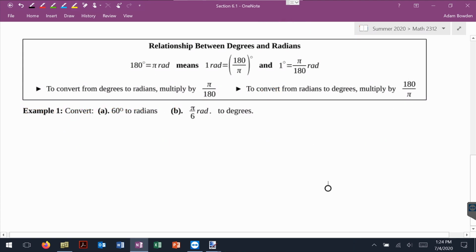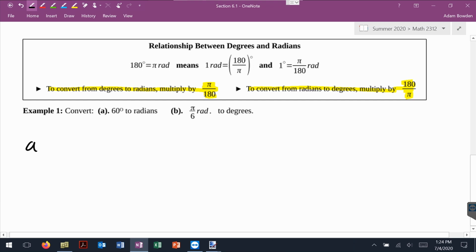Now the connection we can make between radians and degrees, and the way we can convert between the two, is by using this process here. To convert from degrees into radians, we multiply by pi over 180. To convert from radians to degrees, we multiply by 180 over pi.